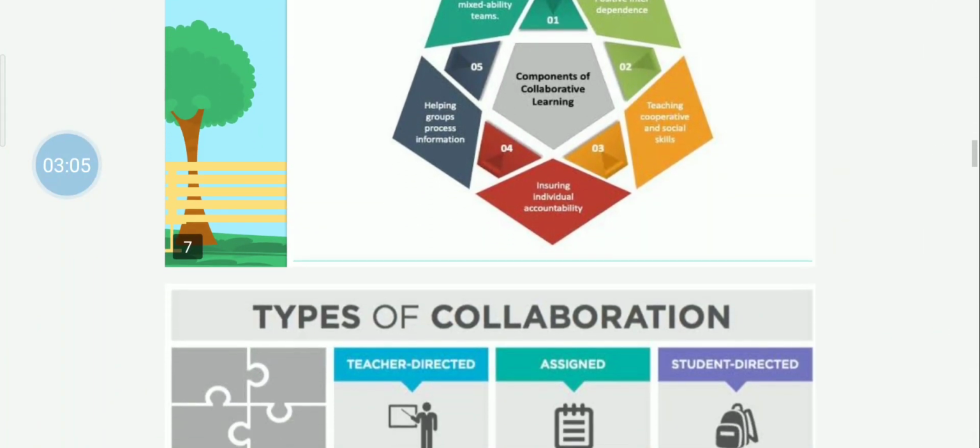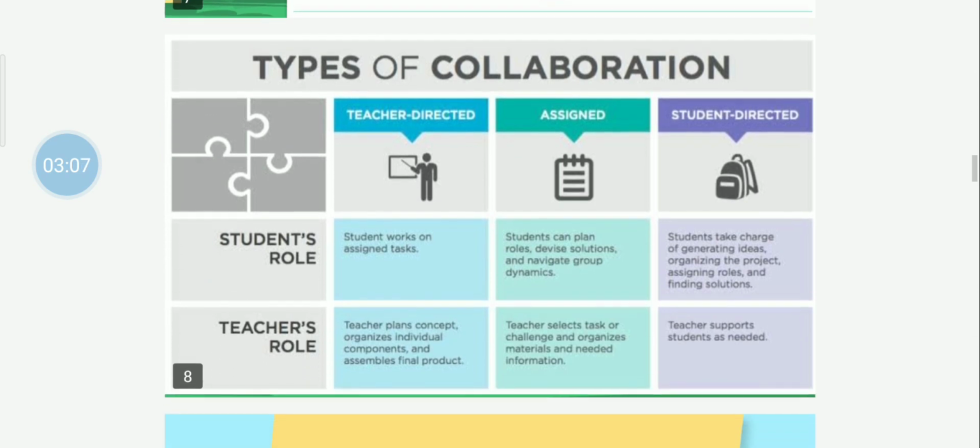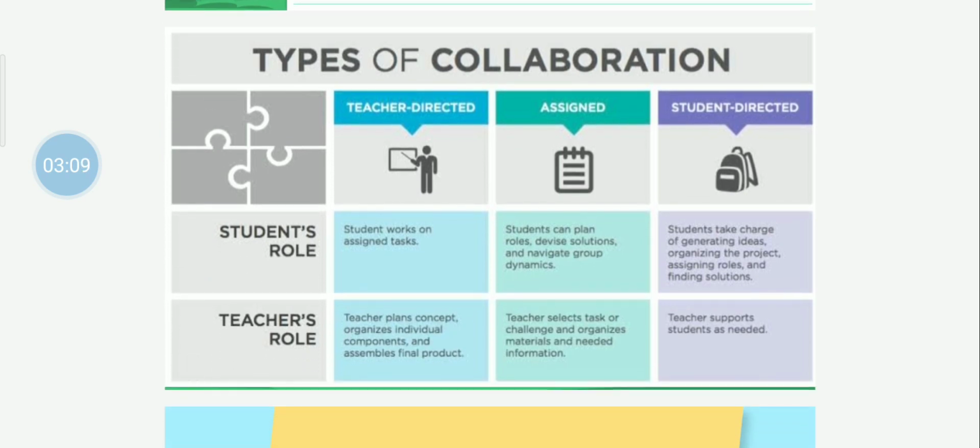Next, we move on to types of collaboration. In the type of collaboration, we divided into two sections: teacher director and student director.